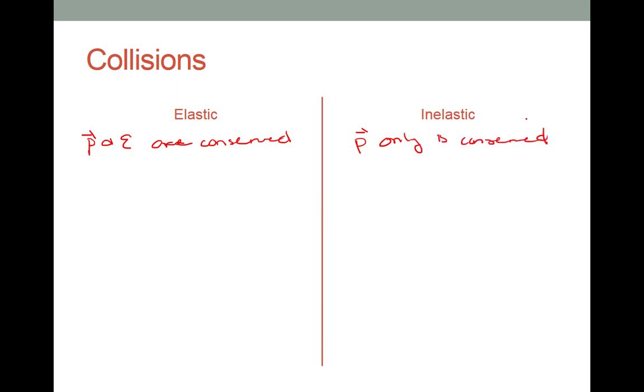Remember that there are many different combinations of final velocities that can satisfy the conservation of momentum equation for a given input, if you will. But there's only one set that will simultaneously solve the conservation of momentum and conservation of energy equations for the elastic collisions.